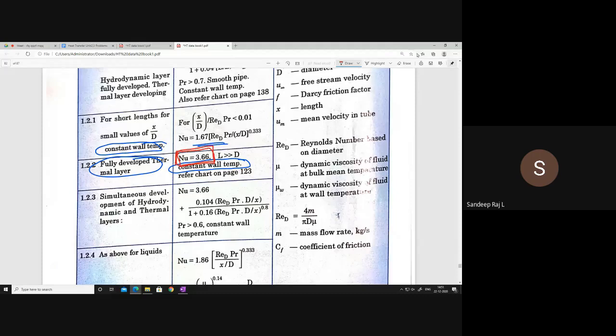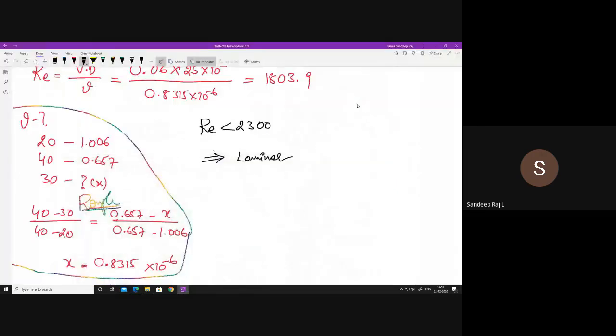Okay, so that's the formula here. From the data book, see, I'm not writing this from the data book and all. You write it in your book, otherwise you will not understand. It is from page number 132.